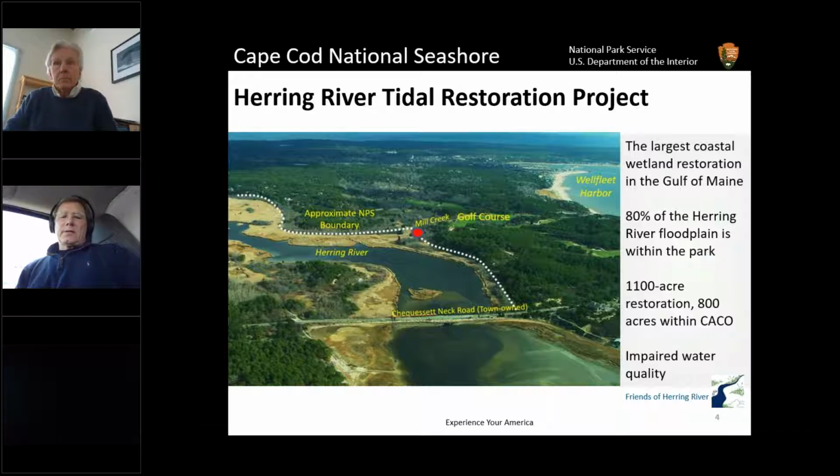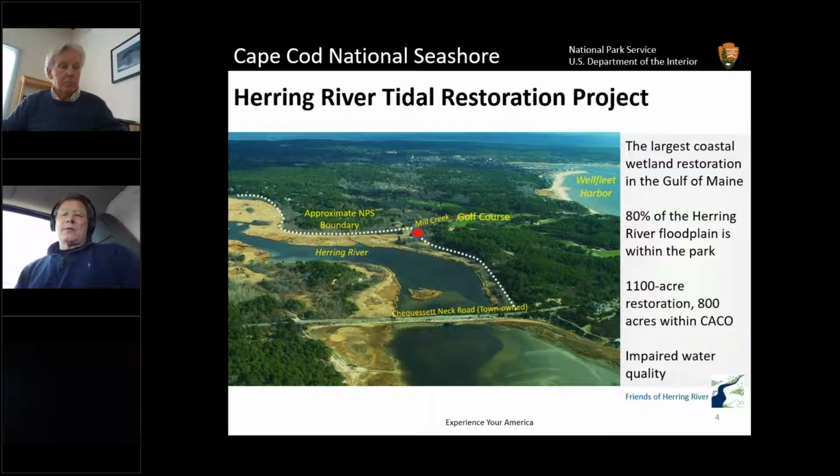But what this project is going to do, and it's done across 5 different federal agencies and 3 different departments in collaboration with the state, is hopefully restore up to 1,100 acres, 800 of those within Cape Cod National Seashore, to a more natural state, so that the herring fishery can recover, so that the shellfish beds can recover. They're actually closed at this time.